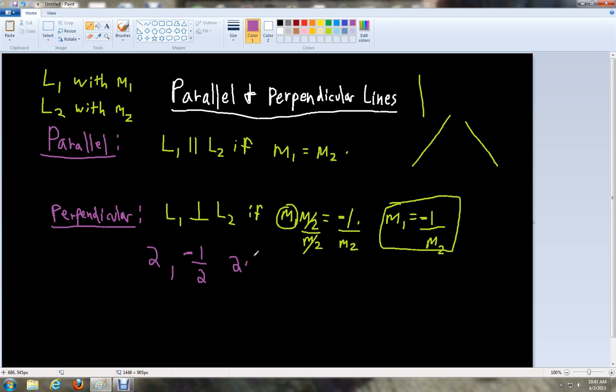And if you multiply 2 times -1/2, the 2's cancel, and you're just left with -1. And according to that definition, we know that that would be perpendicular. Okay. So with parallel lines, the slopes have to be equal, exactly the same. And with perpendicular, the slopes have to be negative reciprocals of each other, or their product has to equal -1.